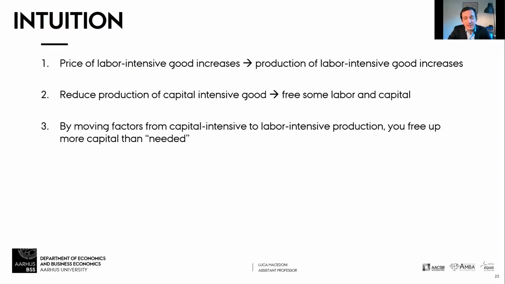I apologize for not being very precise, but it's as if when you reduce production of the capital-intensive good, you're freeing up more capital than you need. Obviously, I put need under quotation marks because it's not a terminology that you would hear often in an economics course, right?